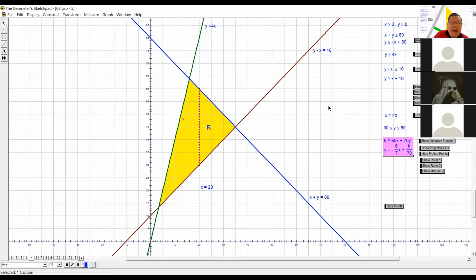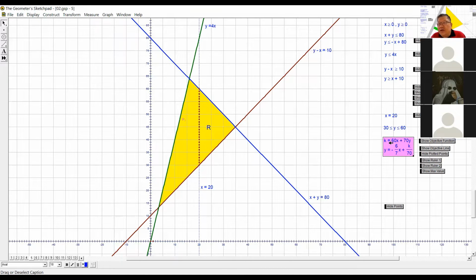Unfortunately, I do not know the value of K, so I cannot draw the exact line. But I still can draw the line according to its gradient.